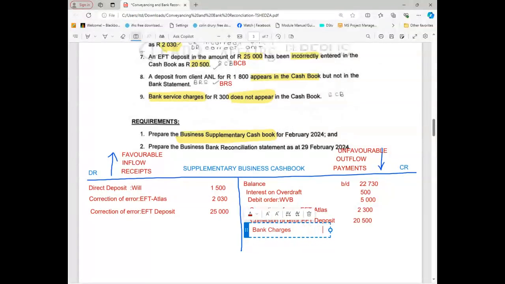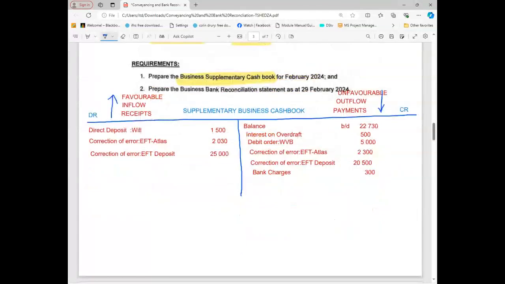How much? 300. Yes. The cash book is complete. The only thing left is to balance it. If you've got any question, no problem. You may shout. No, I think everything is fine.